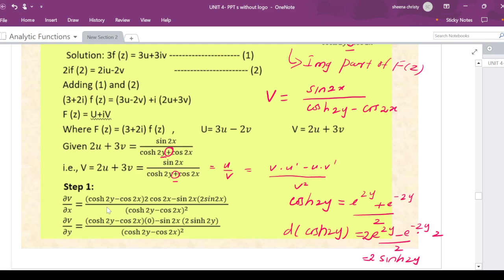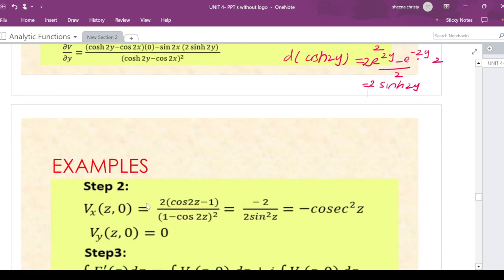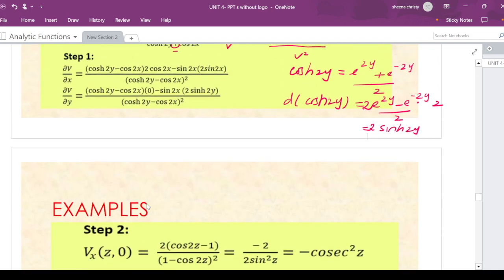Second step is to take x = z and y = 0. By putting x = z and y = 0, cosh 0 is 1 and sinh 0 is 0. The rest of the terms are in terms of x only, so no need to worry about it.